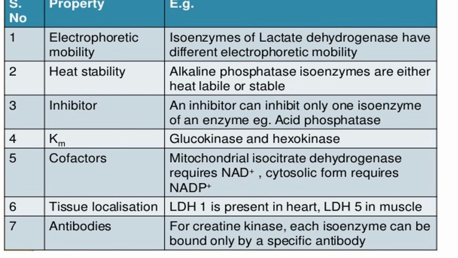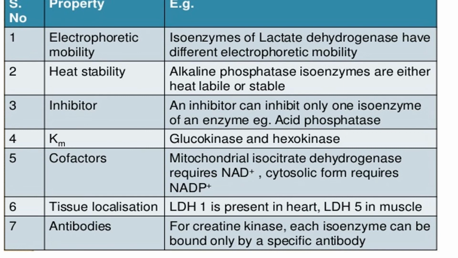A high Km means the enzyme has low affinity for the substrate, and when the Km is low, it means it has a high affinity. So hexokinase, since it has a low Km, has a high affinity, so it will act on substrate even when the substrate is present in lower concentration. So glucokinase and hexokinase are an example of isoenzyme forms which have different Km values.